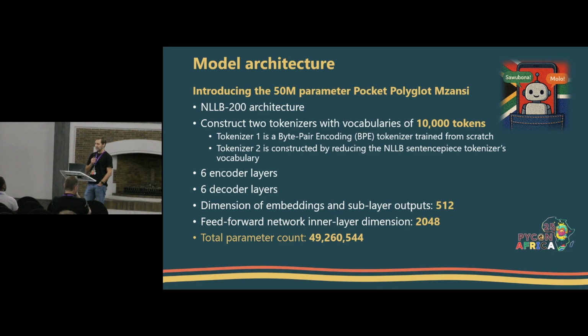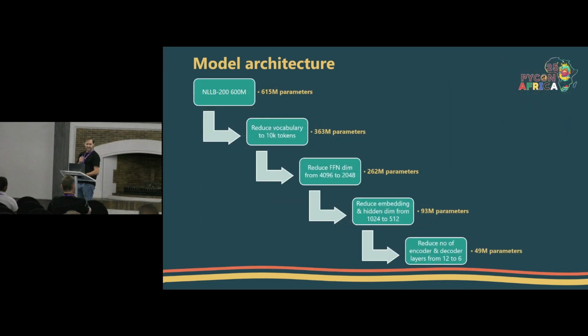Reduce the number of layers from 12 to 6, reduce the dimension size, and halve the dimension of the feed-forward network inner layer, and that gets you down to 49 million, so just under 50. To illustrate that slightly differently, if you start at 615 million, just by reducing the vocabulary, you go down to 360 million parameters immediately.